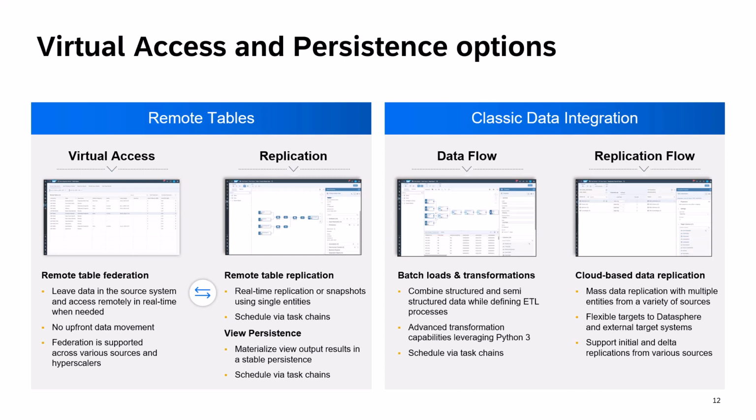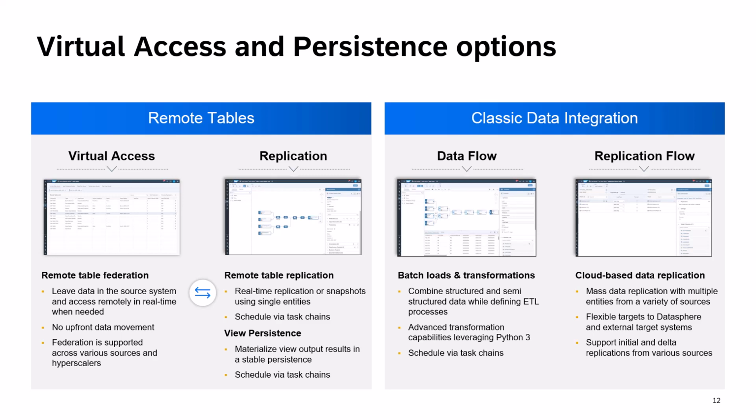And on the other hand, next to these remote tables, there are other options available here, which are more classical data integration topics like data flows, which support batch loads and transformations to load data into Datasphere, so physically moving data into Datasphere, and also another newly introduced capability here, the replication flow.